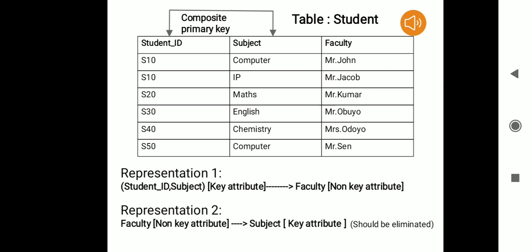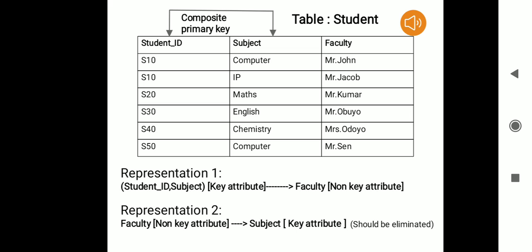In the above table, a particular student can opt for multiple subjects, so student ID will have duplicate entries. This is shown by the column student ID with a value S10 opting for two different subjects, which are computer and IP. In the same way, a particular subject can be taught by multiple faculties, which brings duplicate entries in the column subject.